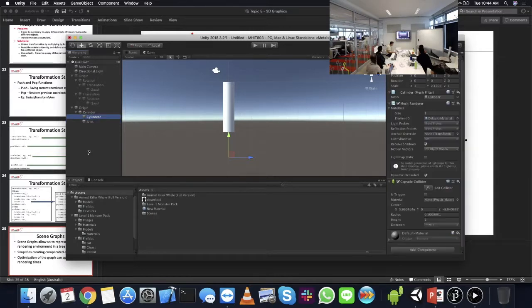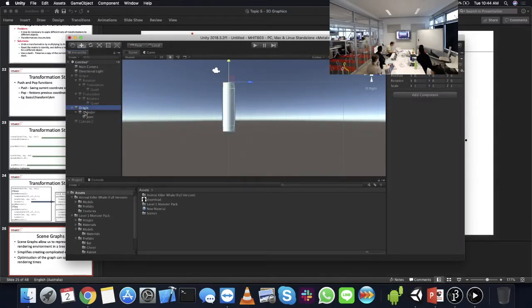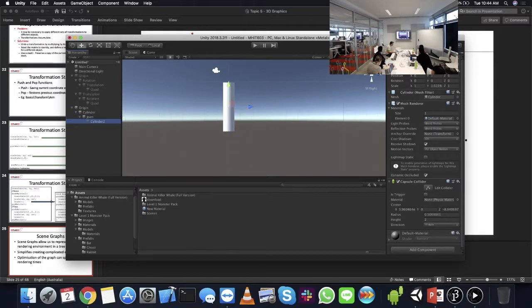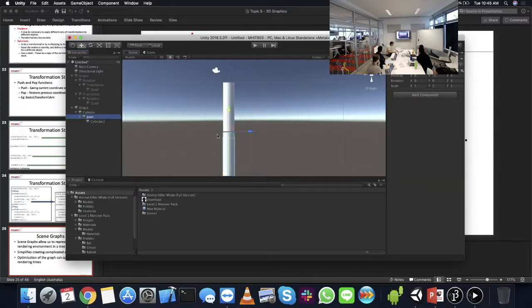What's going on there? Sorry, bear with me for a second. It says origin cylinder joint needs to be at the bottom of that. And there we go. Okay, cool.